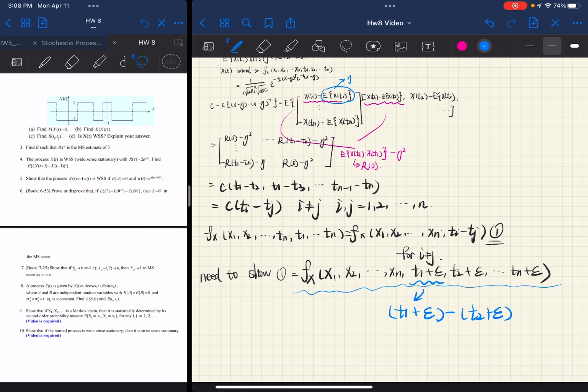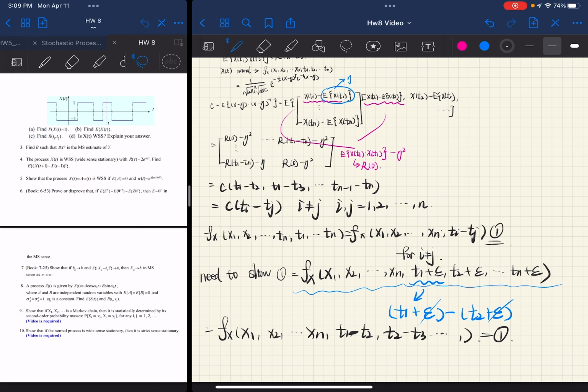Because we have cancelled eta, this equation is also equal to f_X with x1, x2 to xn and t1 minus t2, minus t3 and so on, which equals equation 1.